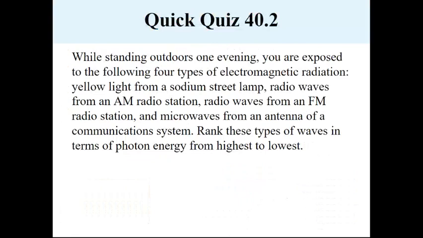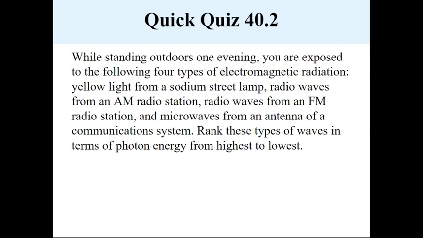So a few quick quizzes this way. This one says, okay, you're sitting outdoors and you're exposed to all kinds of radiation just by being in your own garden. And we just want to rank them based on the energy. And again, as predicted by the quantum model, the energy of light is just dependent on its frequency. So higher frequency radiation is more energetic.